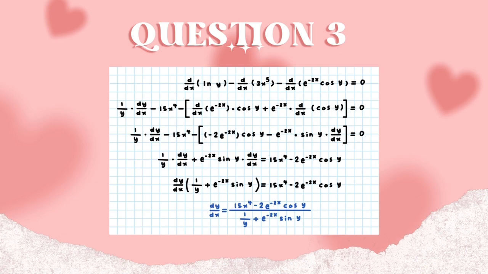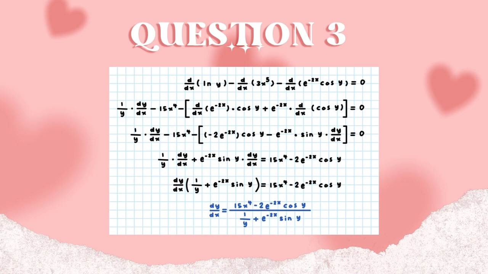We now differentiate both sides of the equation with respect to x. Remember, we treat y as a function of x, so when differentiating any terms involving y, we must apply the chain rule. The first term, ln y: the derivative of ln y with respect to x is 1 over y multiplied by dy over dx.